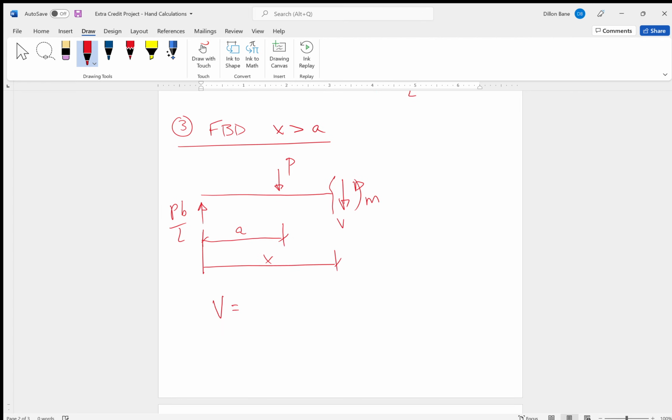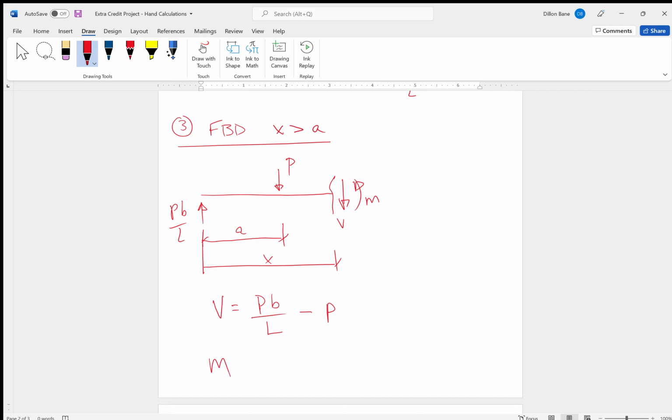If we sum forces in the Y, what we find out is that our shear V is equal to PB over L minus P. All right.